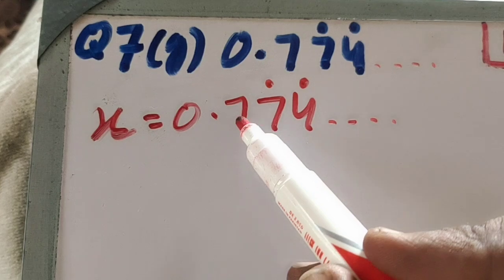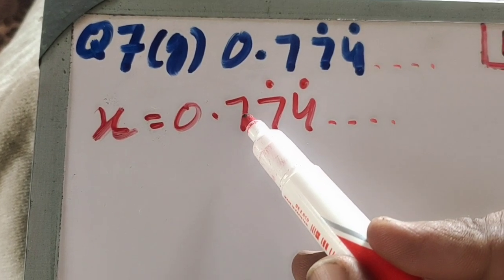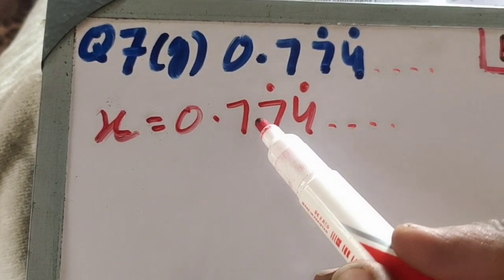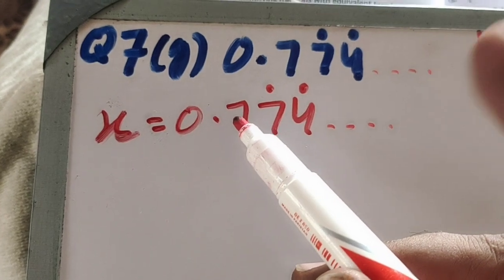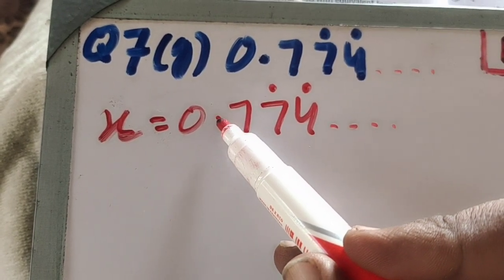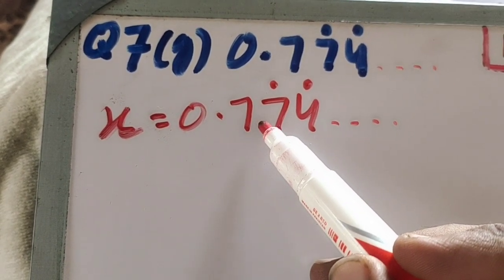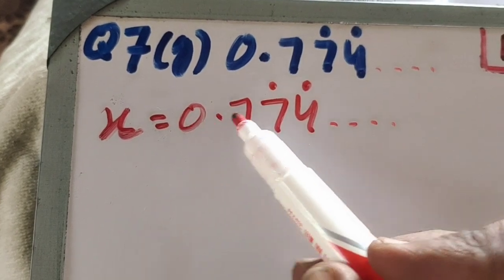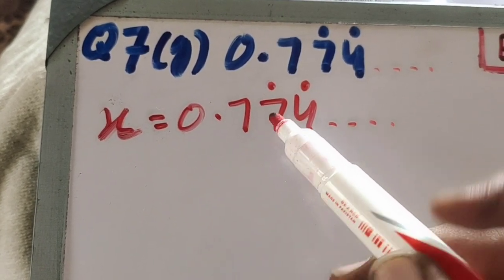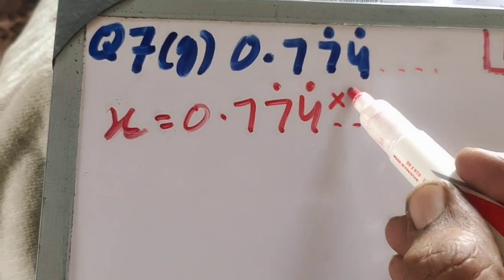So first, this is only one number. If we need to move our decimal 1 place to the right, we need to multiply our equation by 10.